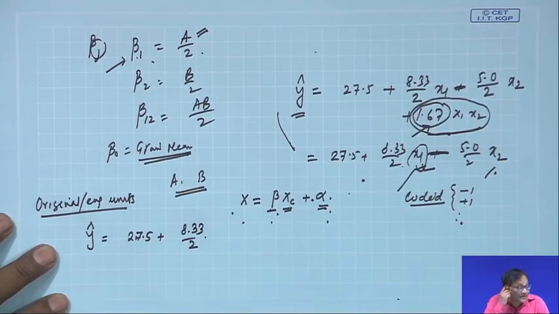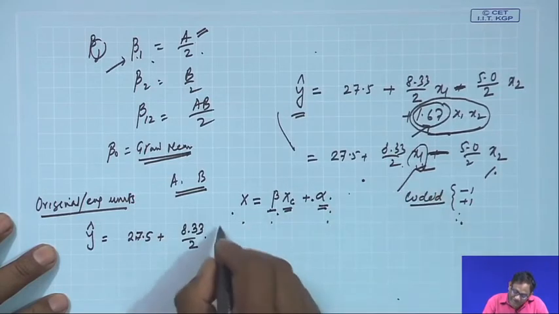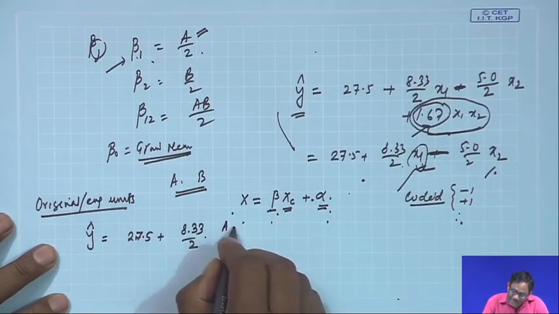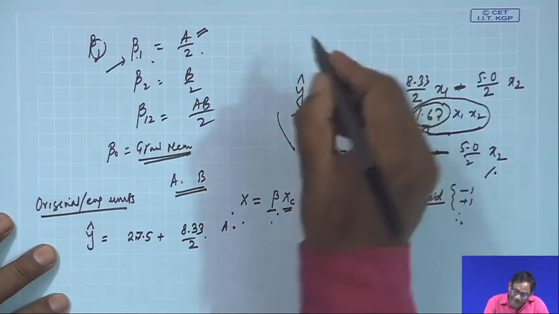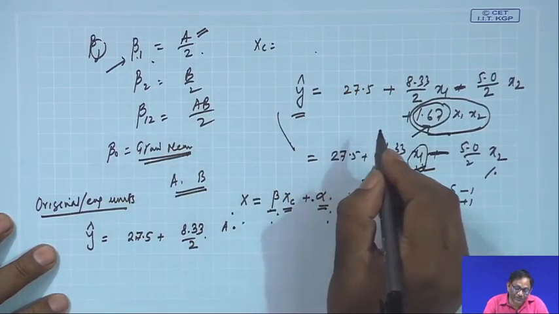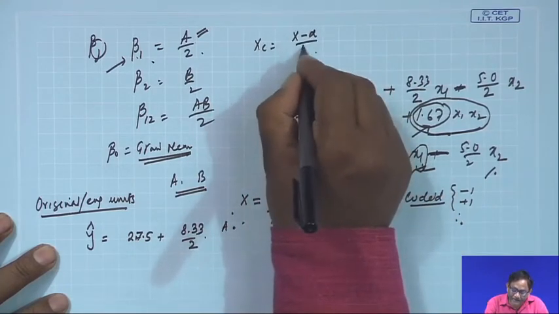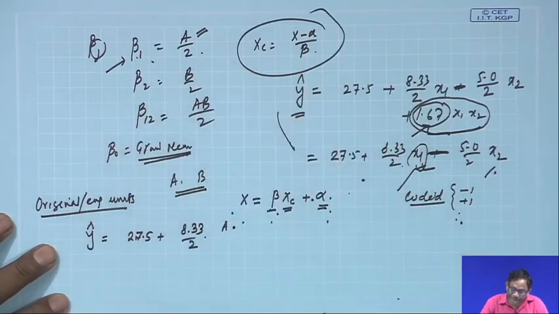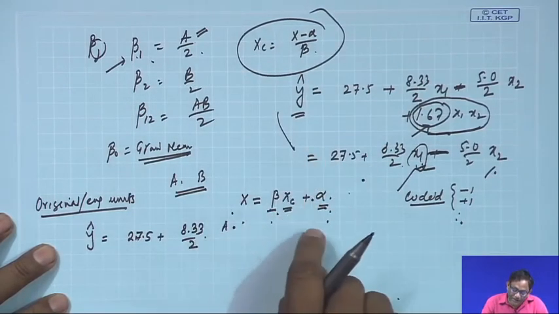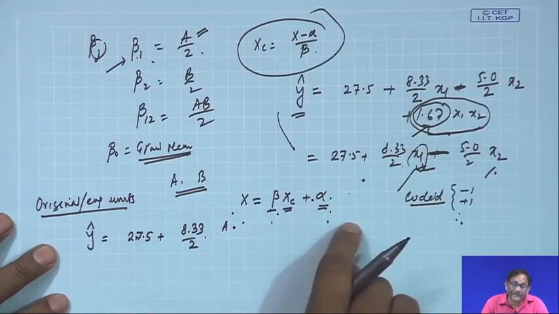So, what will you write in place of x1? I am writing A in place of x1. How do you get xc? xc we write as x minus alpha by beta, and beta is xh minus xl by 2.